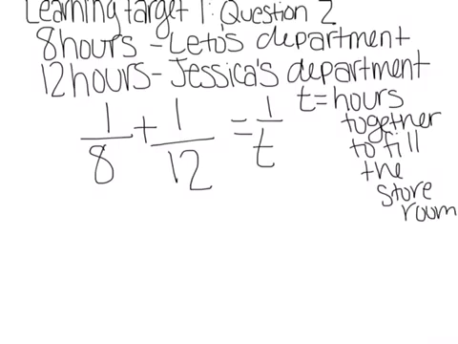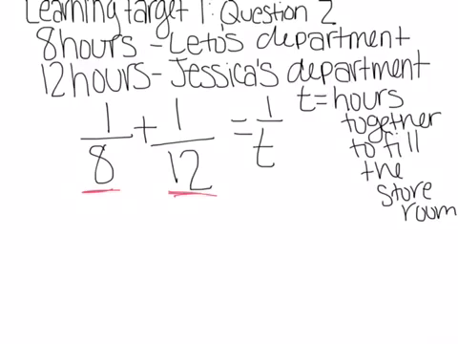Okay, so from here, you'll notice that these two are non-equal denominators, and they need to be equal denominators. So what you're going to do is find a common multiple. The first thing I can come up with is that a common multiple of 8 and 12 is 24.